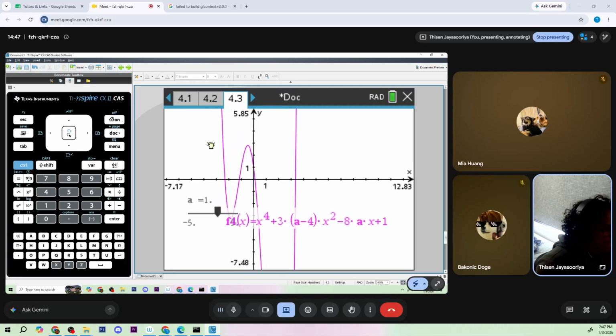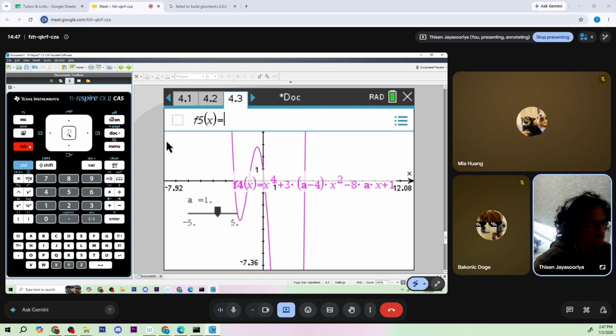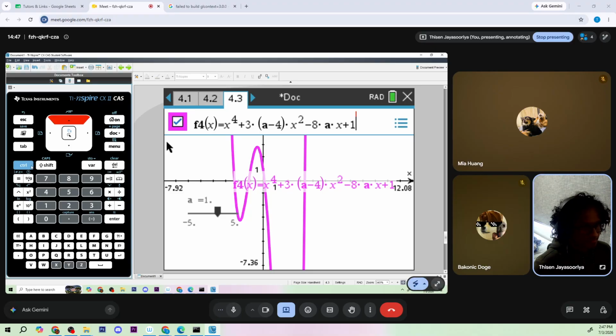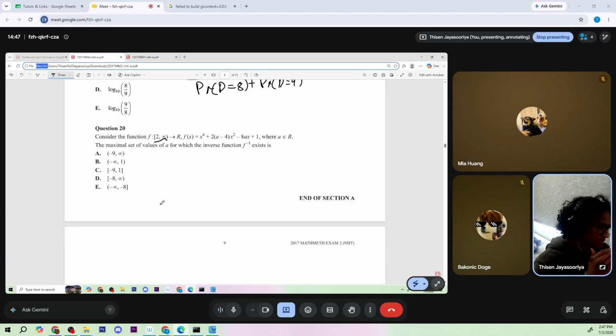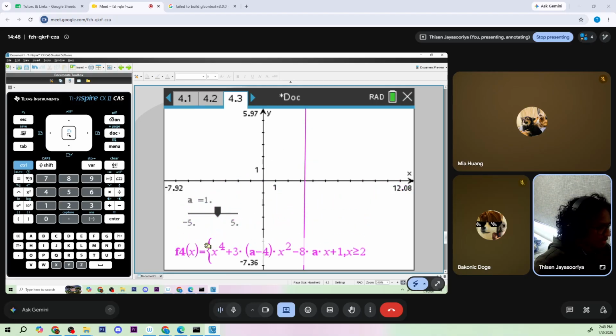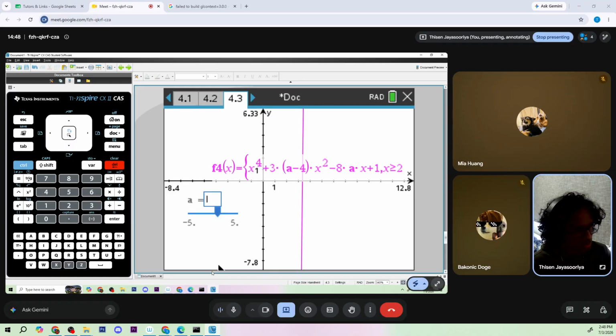So how I'm going to go about doing this one is I want to make sure that x is greater than 2. Is that correct? Yep, so x is greater than 2. This is what this function looks like when x is greater than 2, and here we have 1. So 1 actually does look like it works.